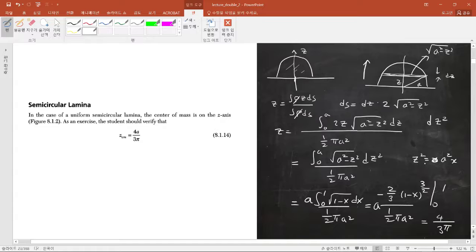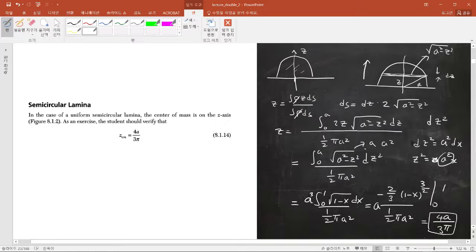You should have a cubed here, because when you have dz squared, which is a squared dx, you have that in front, and the one a here, and dz squared gives you a squared.